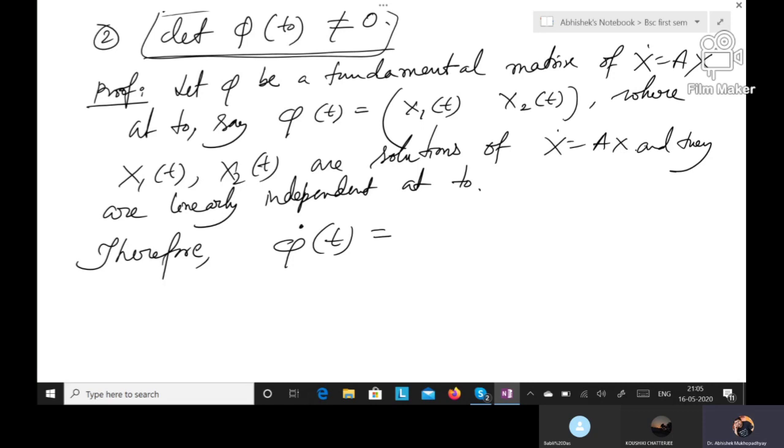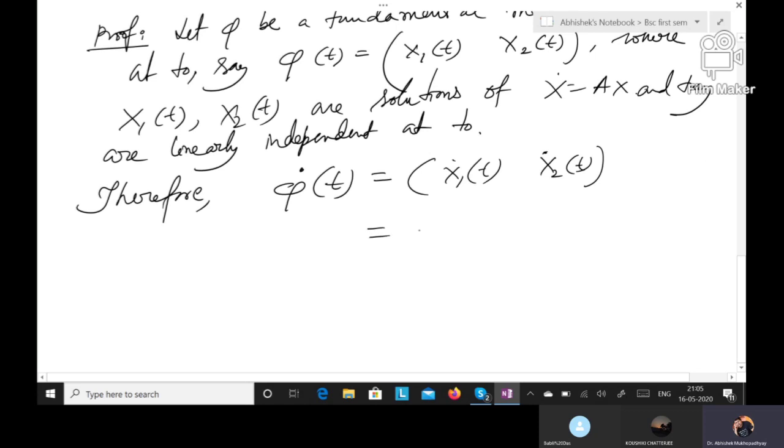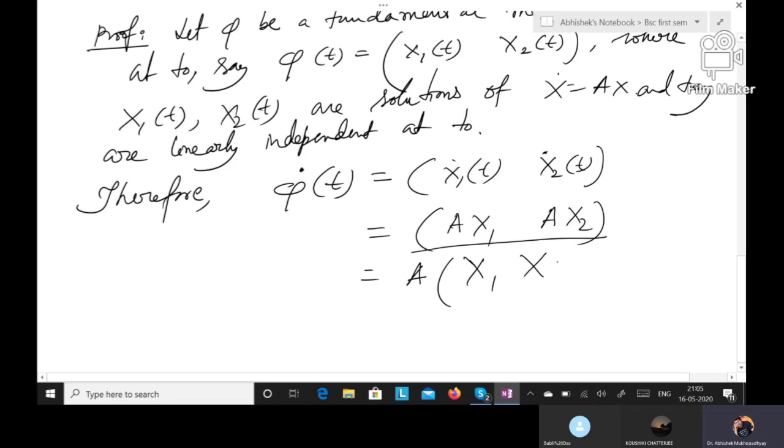So phi dot(t) is x1 dot(t), x2 dot(t). And x1 dot(t) is Ax1, x2 dot(t) is Ax2. That means this will be A x1, A x2.